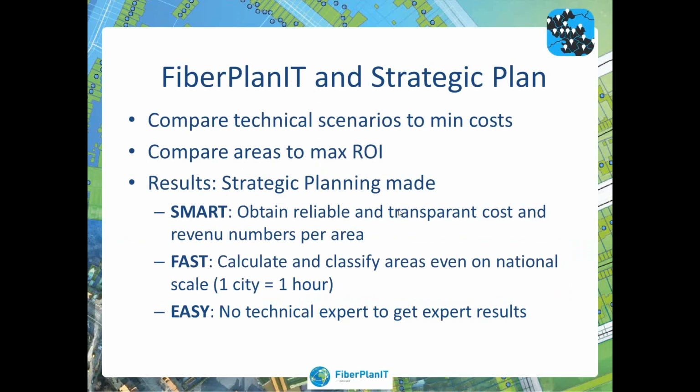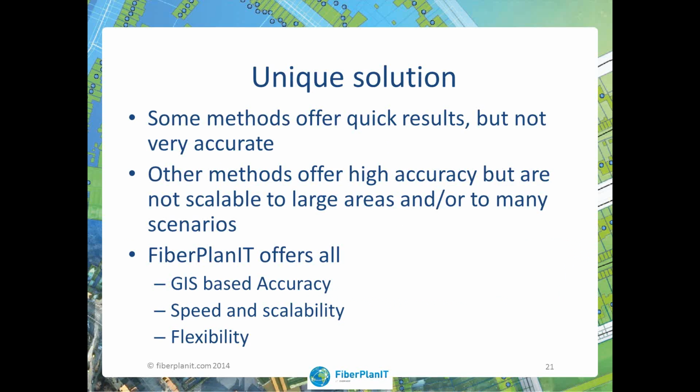But of course, in an initial stage of the project this is not scalable to do on a large area and for many scenarios. So often this is just not an option at this stage. And it's thanks to FiberPlanIT that all of this, the accuracy linked to speed and scalability, and even the flexibility of configuring your rules, is very unique to support you in this stage of your fiber project.